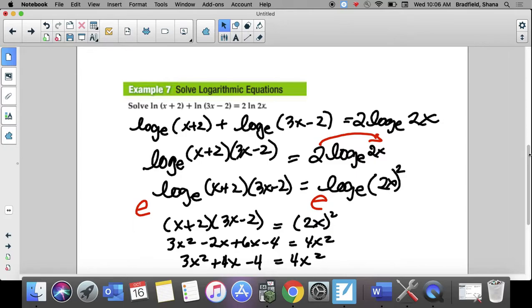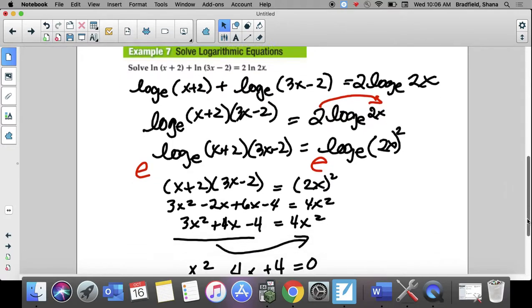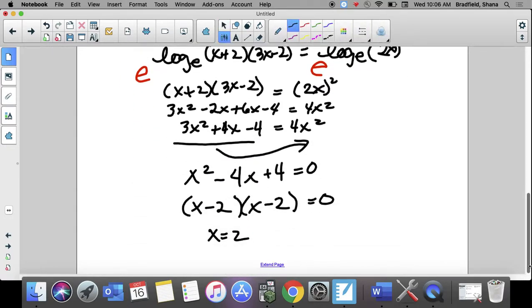Well, if x equals 2 in the original problem, that's going to give me natural log of 4, so I can do that. In my second term, it's going to give me natural log of 4. And so everything should work out nicely there. So 2 is my answer.